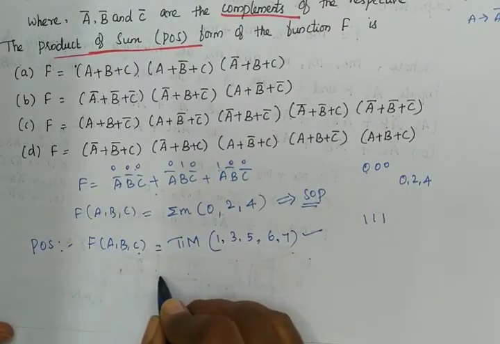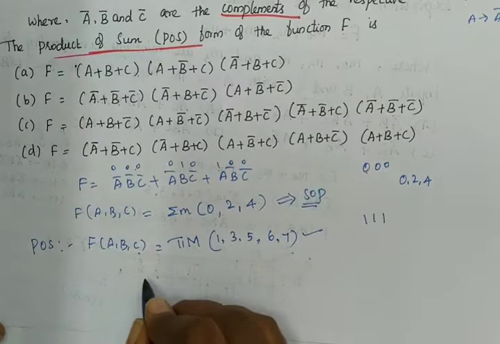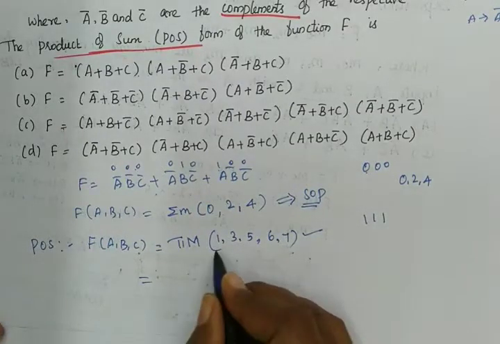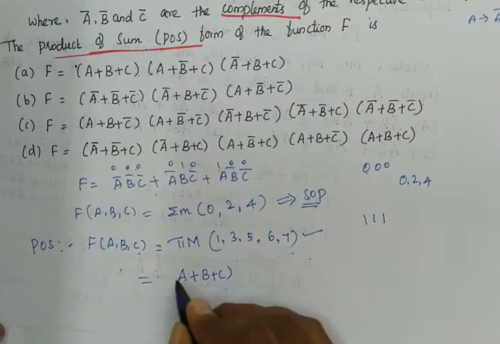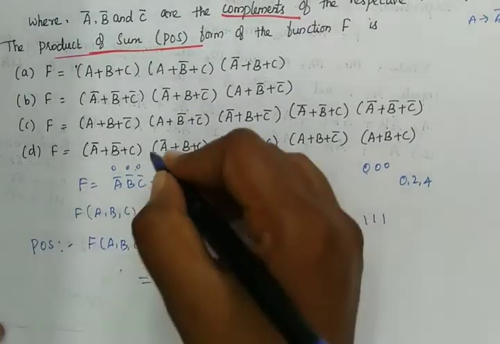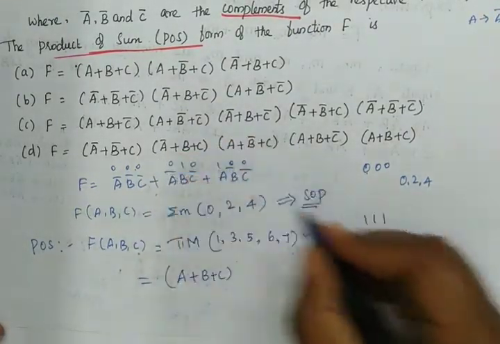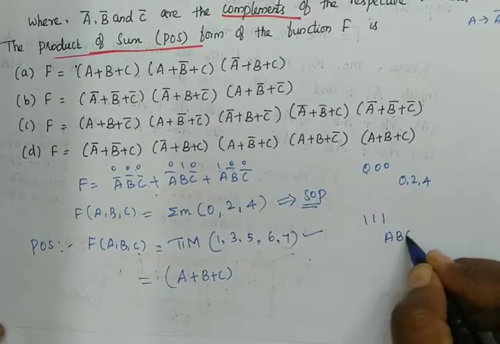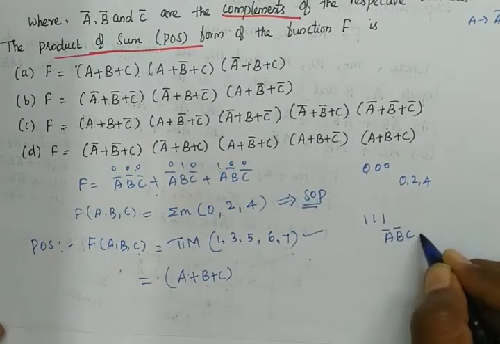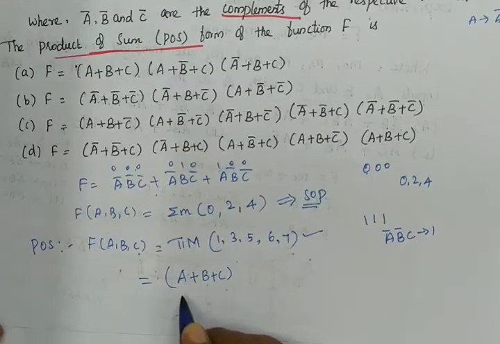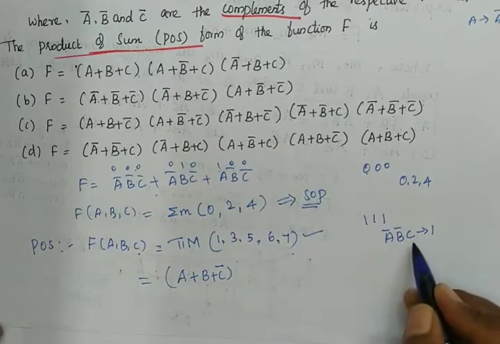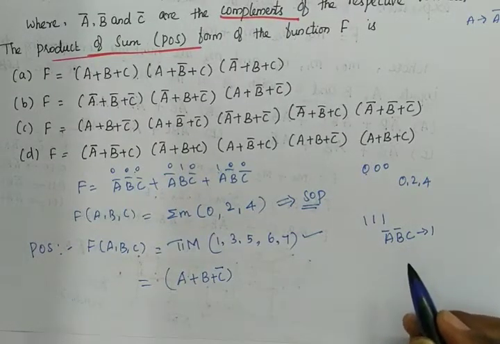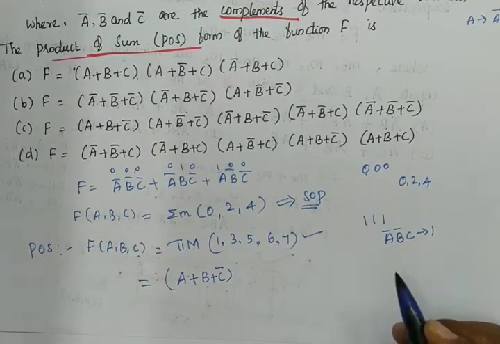Now how can we represent this in terms of POS? For 1, write A plus B plus C bar, because 0 will be represented as C and 1 will be represented as C bar. In SOP it would be A bar B bar C for 1, but in POS we write it as A plus B plus C bar.